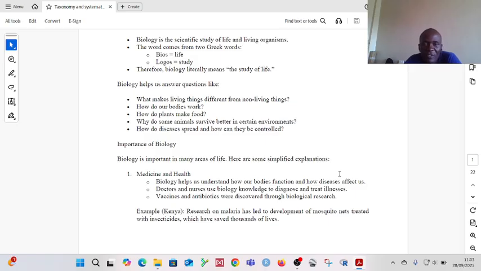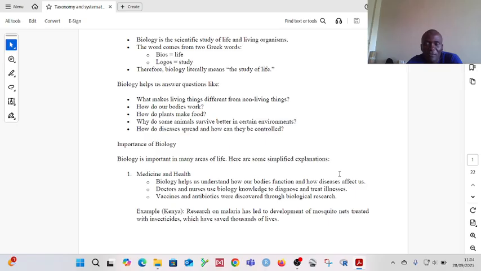Another important question, which is vital to our life, is how do plants make food? Another important question concerning the environment is why is it that some organisms can survive better in certain environments compared to others? Then finally, another important question is how do diseases spread?